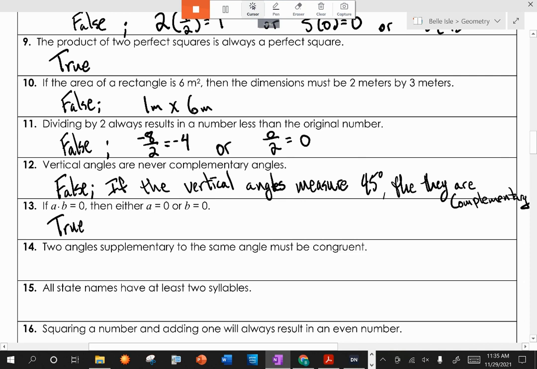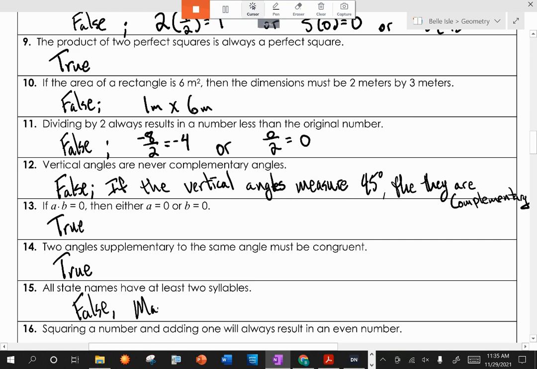Okay, 14. Two angles supplementary to the same angle must be congruent. True. Number 15. All state names have at least 2 syllables. False.